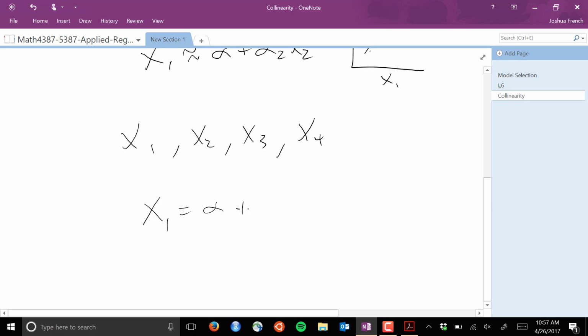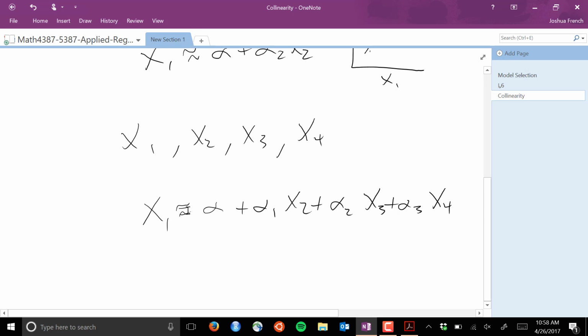So it's alpha plus alpha 1 x2 plus alpha 2 x3 plus alpha 3 x4. You can see here that x1 is a linear combination of the other regressors in our model. And this doesn't have to be exact. It can be an approximate relationship. But the point is that x1 can essentially be written as a linear combination of our other regressors.